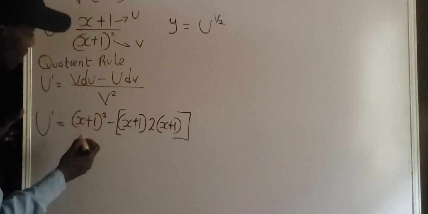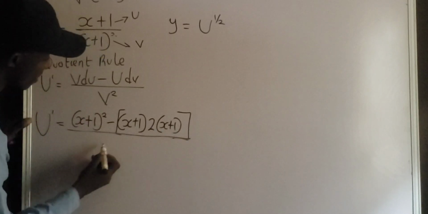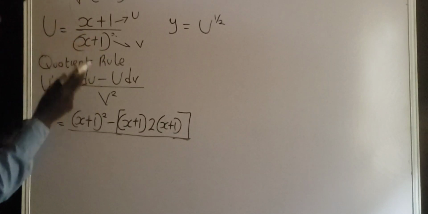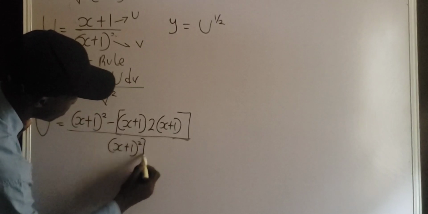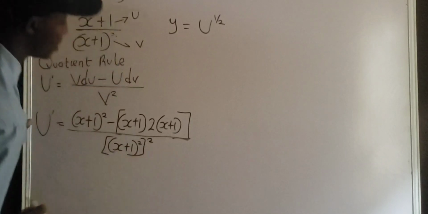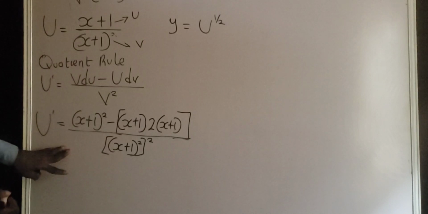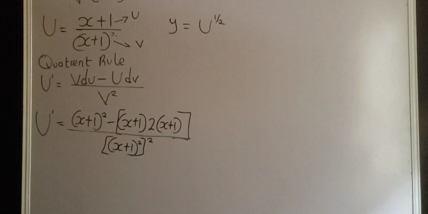Okay, so let's proceed. All over v squared. Don't forget, v is the denominator. So I'm going to have x plus 1 raised to the power of 2 into bracket, all squared. So let us proceed to expand this bracket. Pay attention.